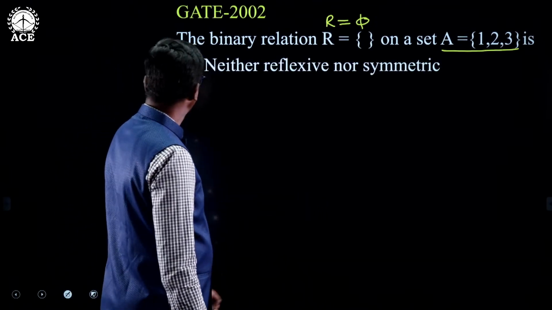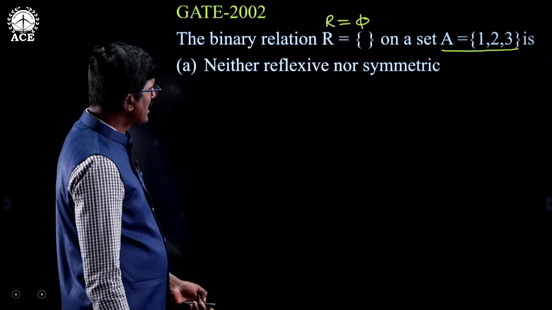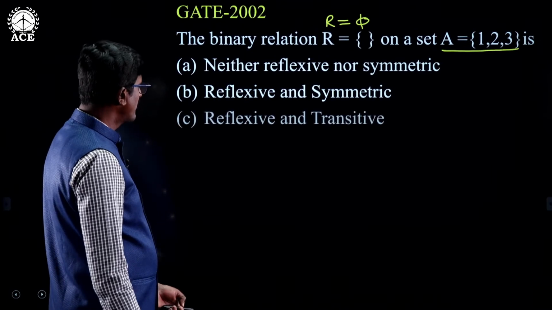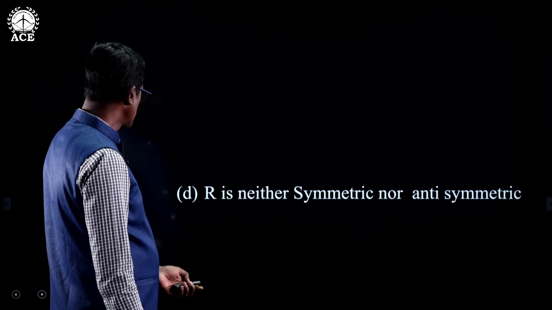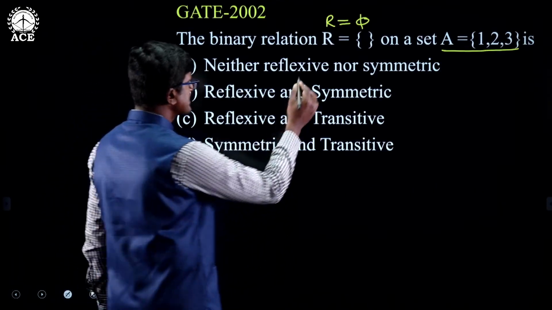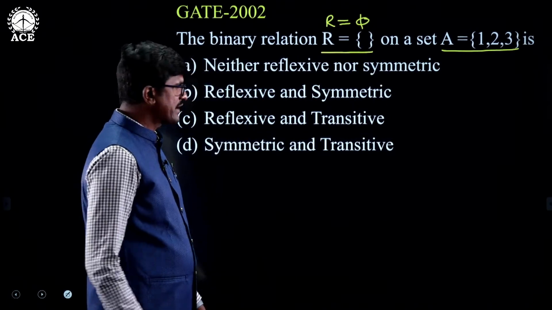Now the options are like this: neither reflexive nor symmetric, reflexive and symmetric, reflexive and transitive, symmetric and transitive. Now look at first, they have given an empty relation. So what is the reflexive property?